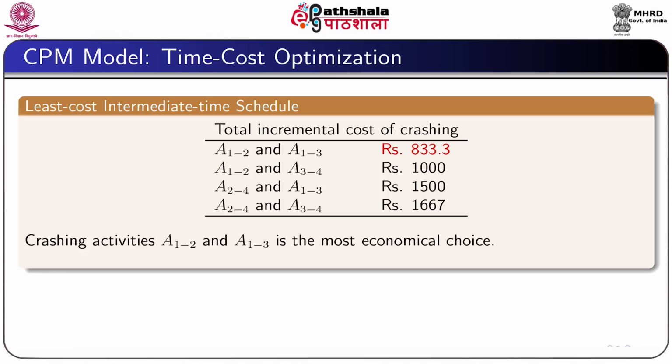The total incremental cost of crashing the activities 1 3 and 1 2 is rupees 833.3. The activities 1 2 and 3 4 is rupees 1000. The activities 2 4 and 1 3 is rupees 1500, and the activities 2 4 and 3 4 is rupees 1667. This figure shows that the crashing of activities 1 2 and 1 3 is the most economic choice.